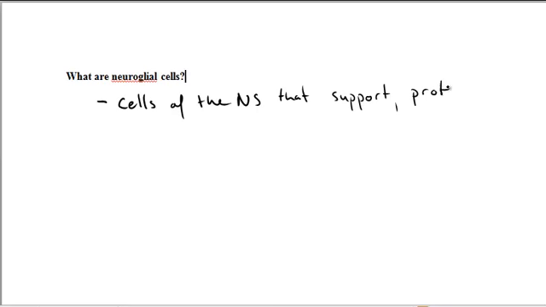And now we're going to discuss what are neuroglial cells. Simply put, these are the cells of the nervous system that support, protect, and nourish neurons.